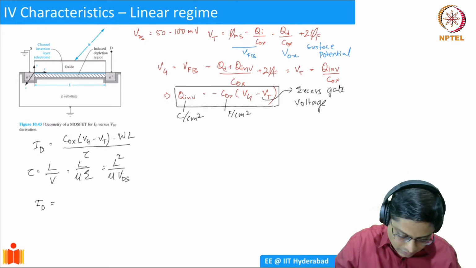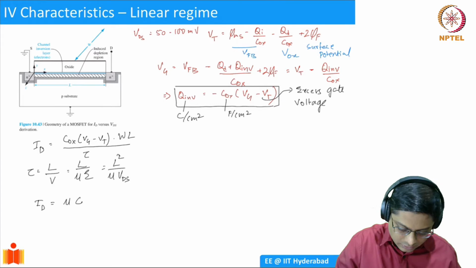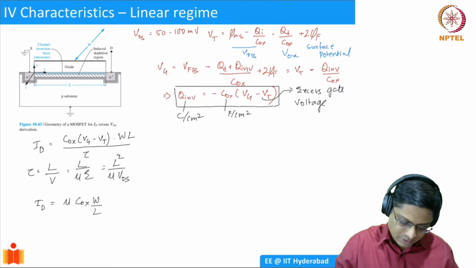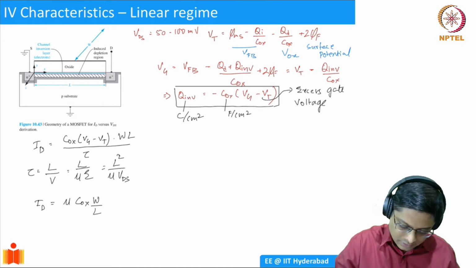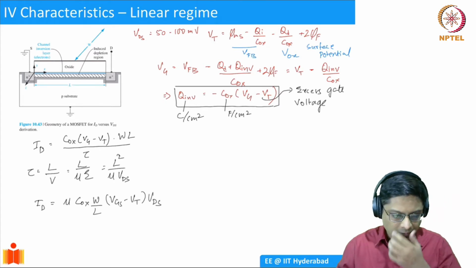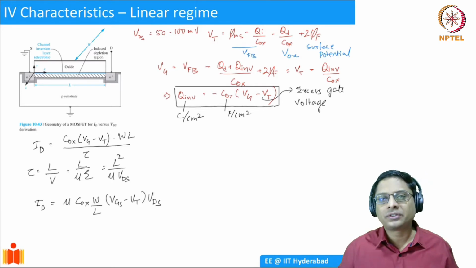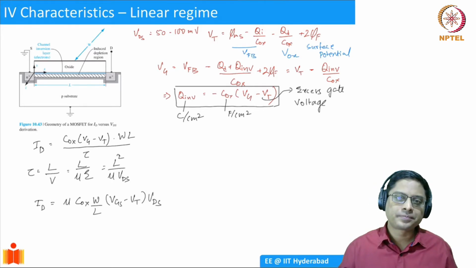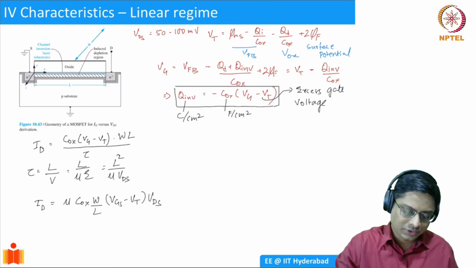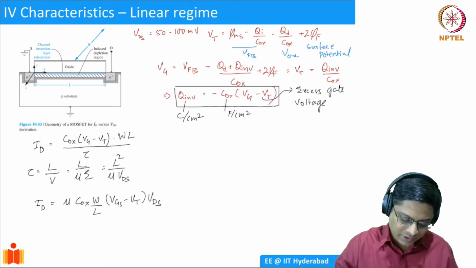So it will be mu Cox, and I'll write it as W by L deliberately, and then VGS minus VT times VDS. Okay. So this is the expression for current in the linear regime when VDS is small. You will see in a moment that this will not hold true when VDS is large.